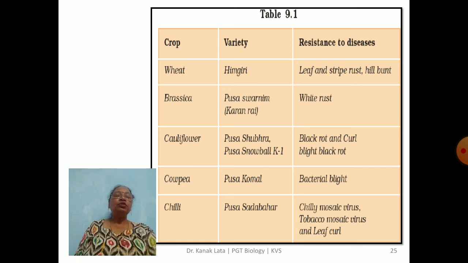Cauliflower, that is Pusa Shubhra, Pusa Snowball K1, is resistant to black rot and curl blight black rot. Next one is cowpea, variety Pusa Komal, that is resistant to bacterial blight. Next one is chili, Pusa Sadabahar, and it is resistant to chili mosaic virus, tobacco mosaic virus and leaf curl.